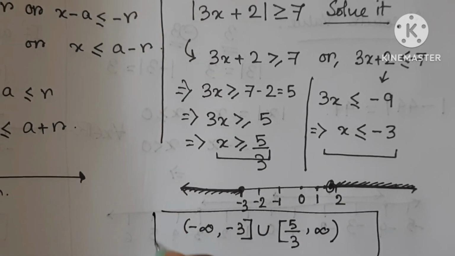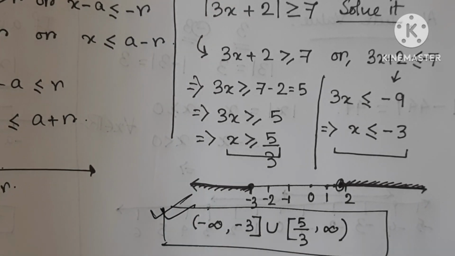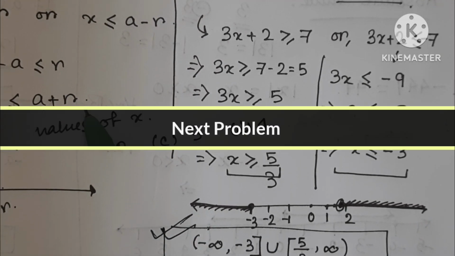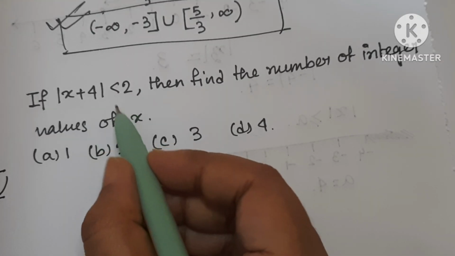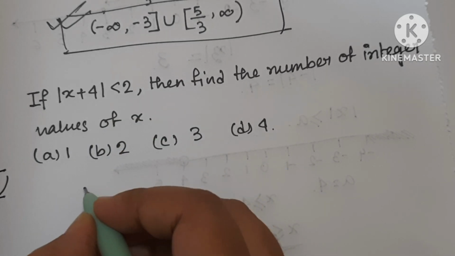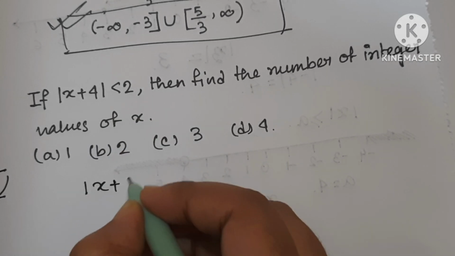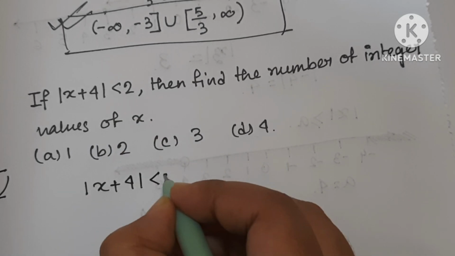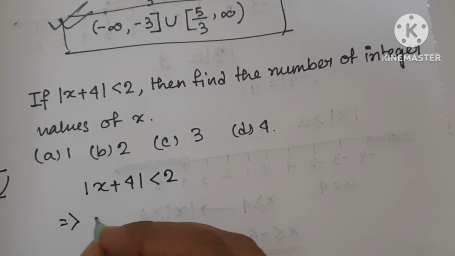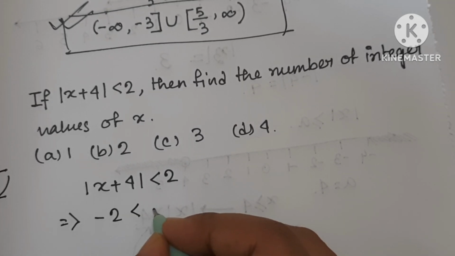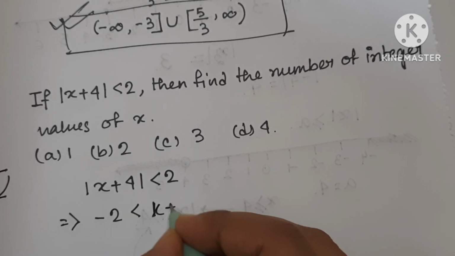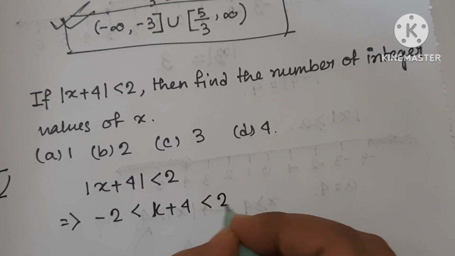Okay, that is our solution set. Understood? Mod of x plus 4 is less than 2. If you write it, it will be like this: minus 2 less than x plus 4 less than 2, right?